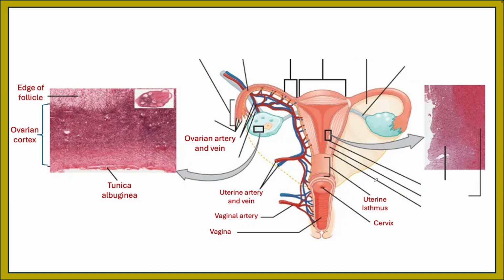So some of these structures are labeled, but we're going to start. You see the ovary here is attached to the uterus via the ovarian ligament, and the broad ligament connects it to the uterus and the oviduct. You also have a suspensory ligament that's going to hold and be adjacent to the ovarian artery and the vein.